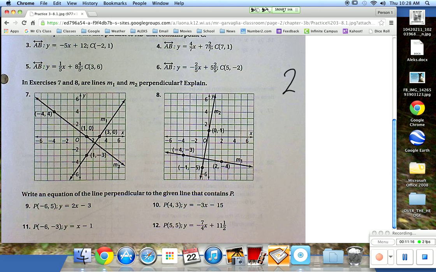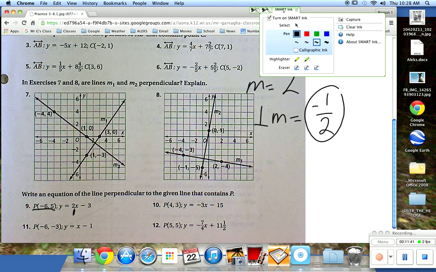If I have 2 for my slope, and I want to find the perpendicular slope to that, negative 1/2. All right? So I put negative 1/2 as my slope into the point slope formula. That's how we figure this out.